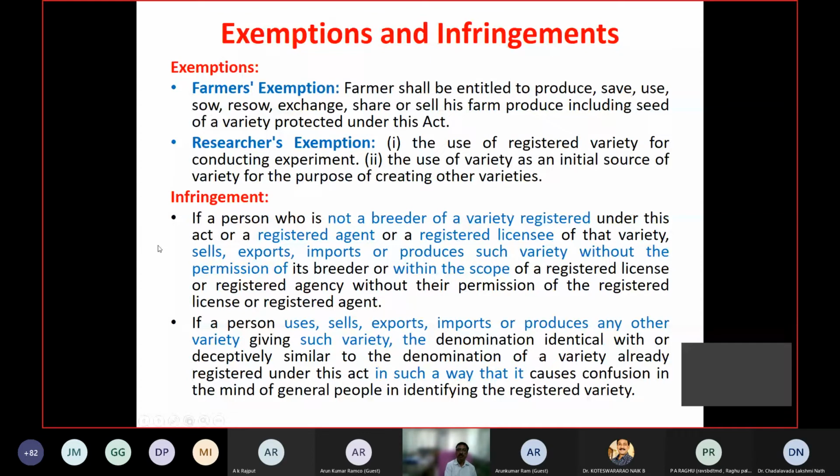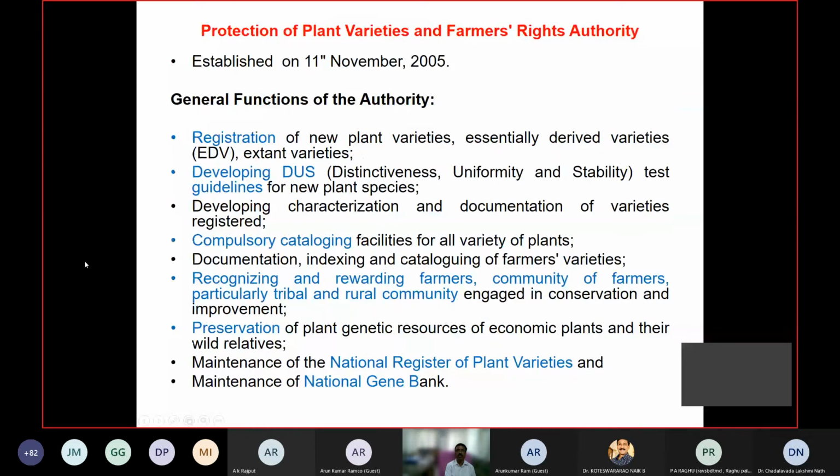And for infringement, if a person is not a breeder of a registered variety or a registered agent or a licensee, he is not supposed to sell or export or import those products. That is going to be an infringement of the plant variety.